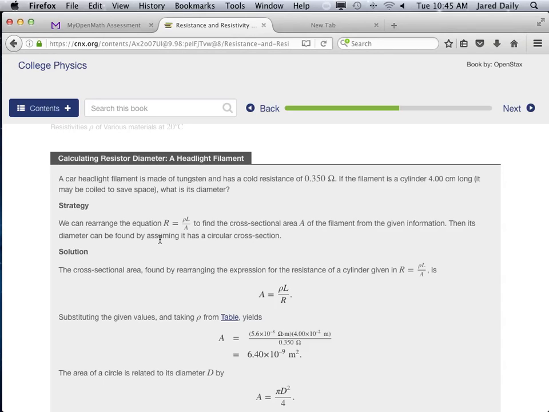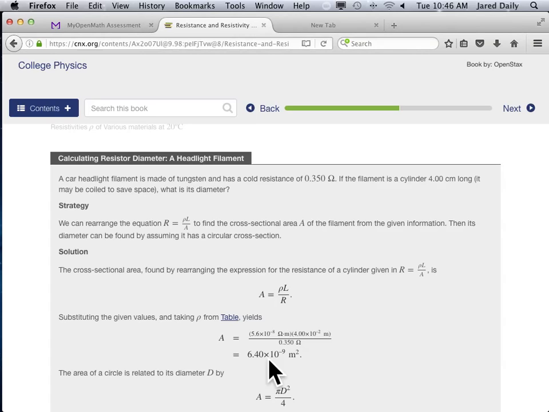So we want to calculate the diameter from here. What we're trying to do is isolate the area. If we isolate the area, then we should be able to figure out the diameter from there. So area equals resistivity times length over resistance. We know the resistance is 0.35 ohms, the length is 4 centimeters, and the resistivity is that of tungsten. So we plug all those numbers in.